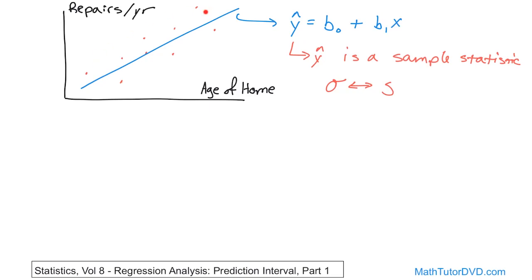If I were to do this whole process again and ask 10 different homeowners with different age homes how many repairs per year they have, I would get very slightly different answers for all these data points, and I would then calculate a different regression line. It hopefully would be pretty close to the one that I have here, but it would be different. What if I go to a different city, like somewhere in Florida instead of somewhere in Colorado? I'm going to probably expect different values for these points.